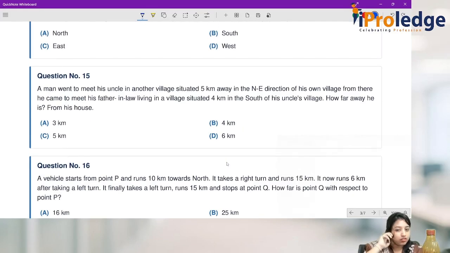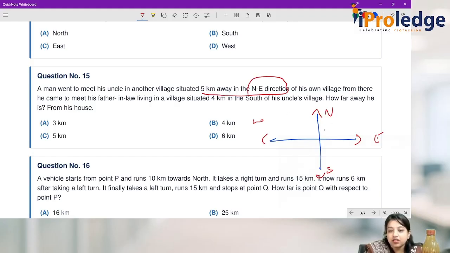Tuesday, then off. So 5 kilometers in the northeast. Okay. Then from there, father-in-law to meet, 4 kilometers towards south.